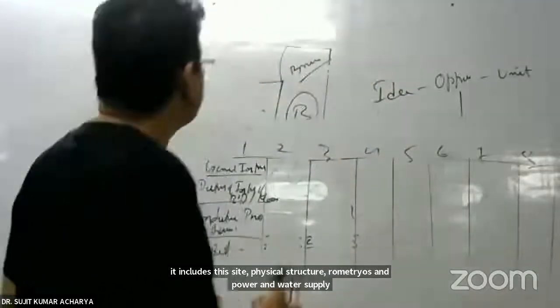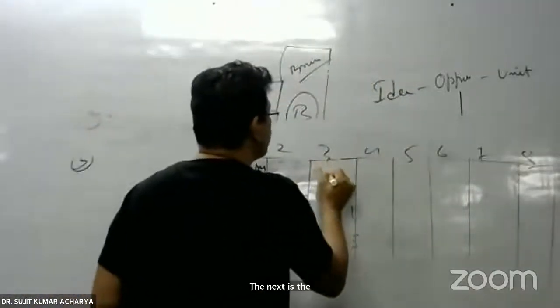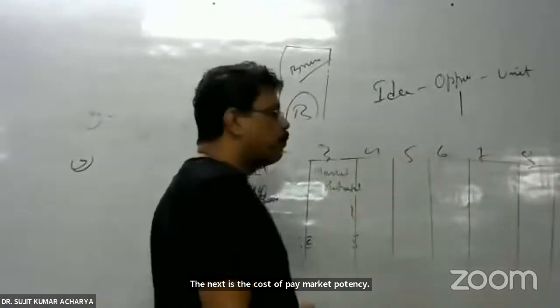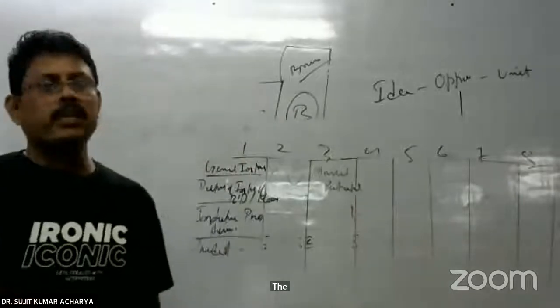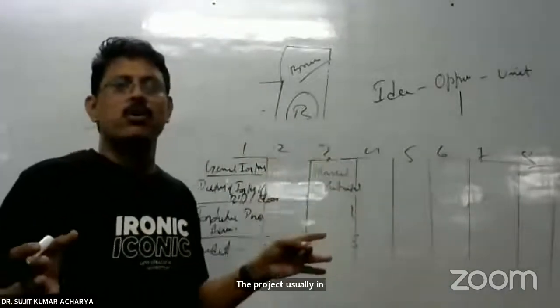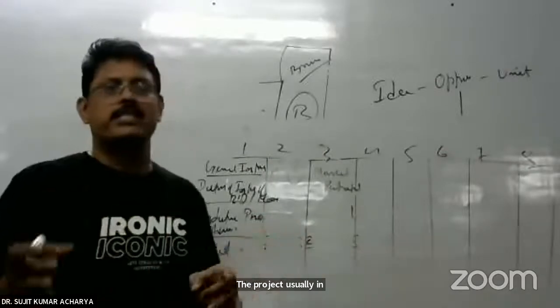Then next is the third step, market potential. The project usually includes 8 steps. Broadly, we can say more or less 8 stages are there.